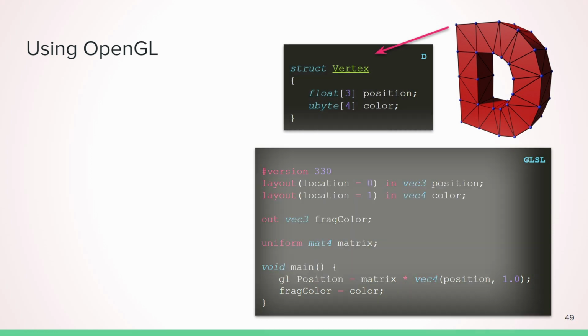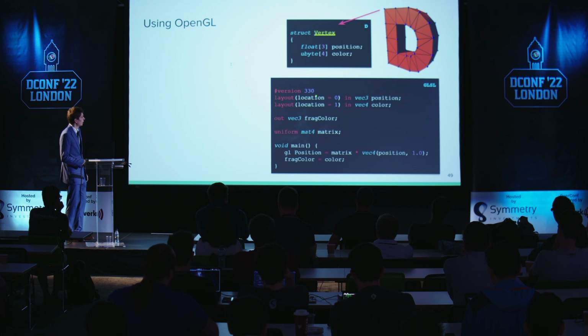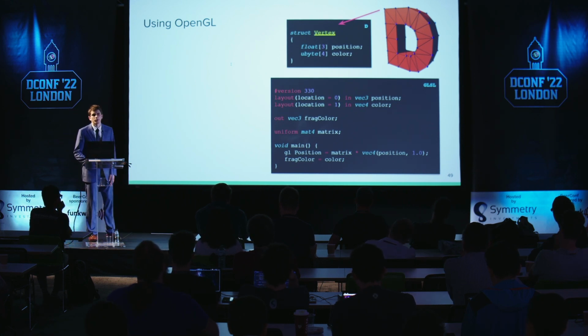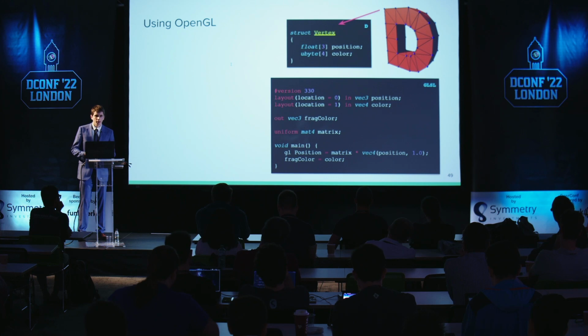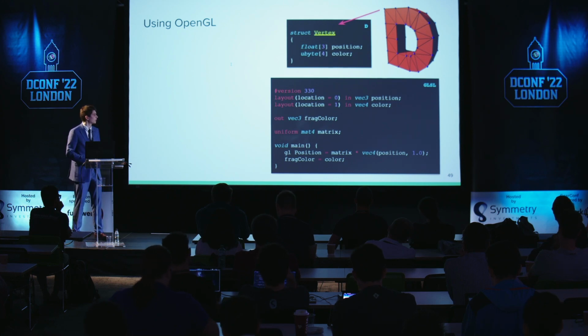And then you have your shader code. This is not D, but GLSL, and it takes some vertices with attributes. In this case, it multiplies a matrix, which allows you to have transformations like rotations and scaling, and that gives it its 3D look. Of course, this is just a very simple example. Actual graphics have a lot more components than just the rotation.